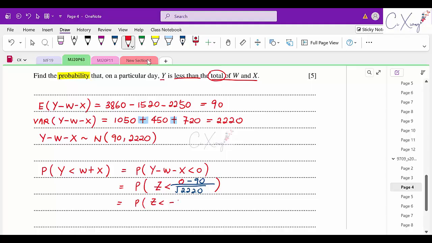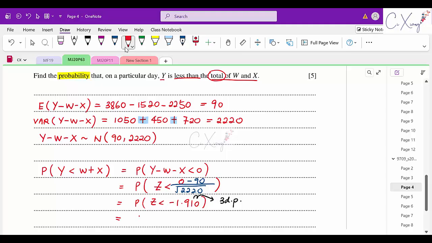By right, you should be getting negative 1.91. Then we usually want to keep the value of z to three decimal places. So it should be negative 1.910. So just make a reminder here. This one should be three decimal places because according to our normal distribution table, the accuracy for z is up to three decimal places.